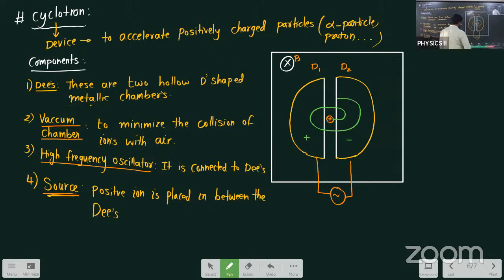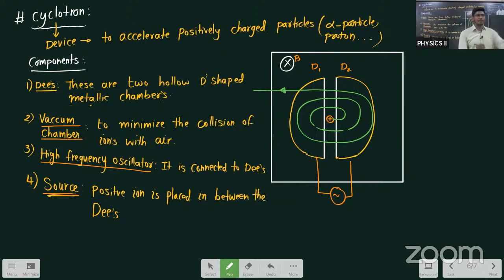This process goes on. Finally, what will happen? This positive ion will come out with very high energy. So this is the working of a cyclotron.